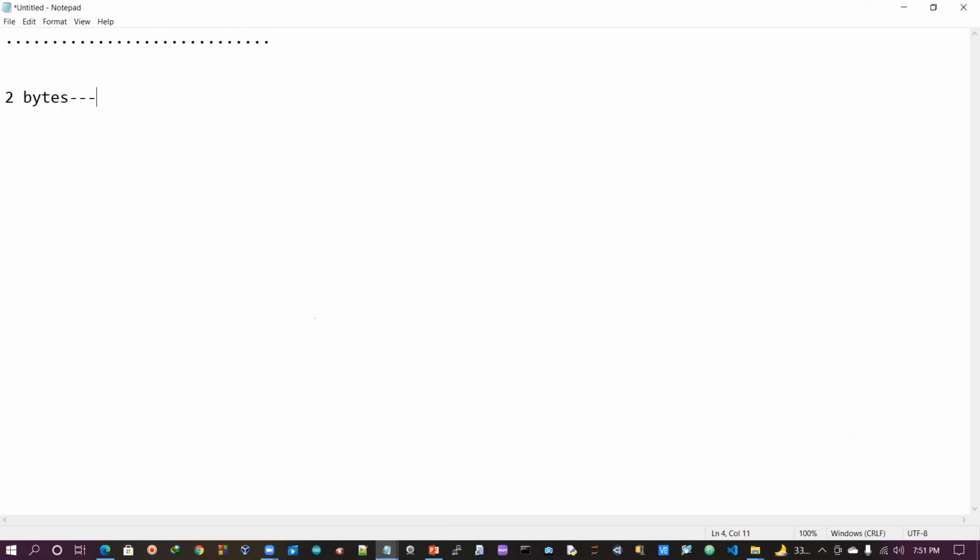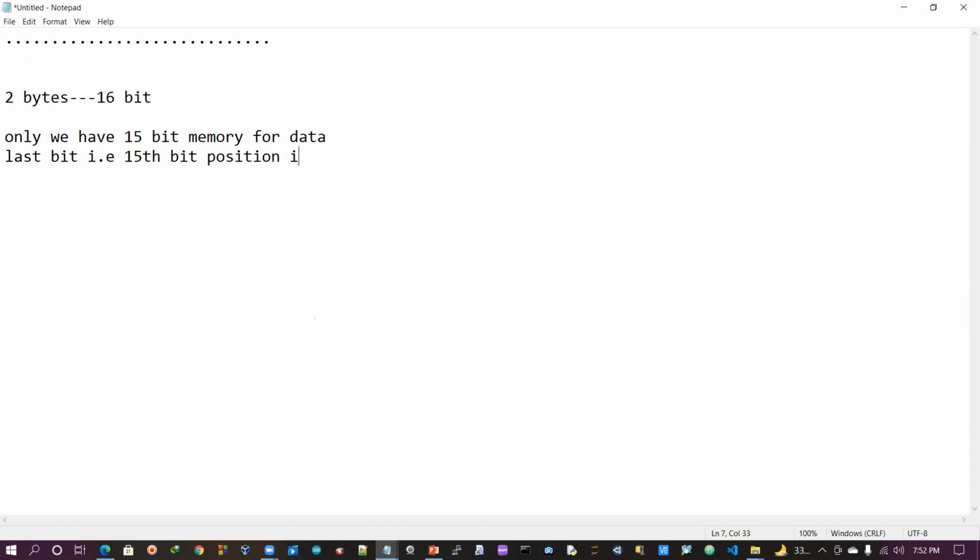That is 16 bits. Yes or no? In this 16 bits, one is reserved. So only 15 bits of memory remain for data. And the last bit is used for the sign. That is the 15th bit position.